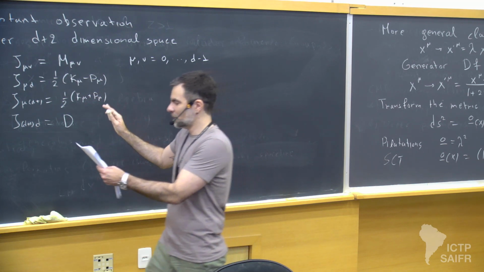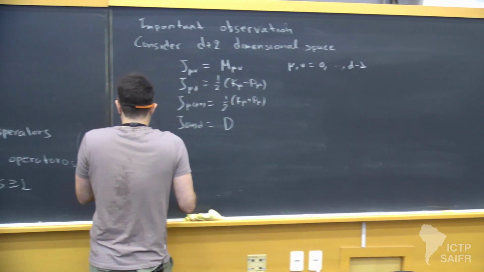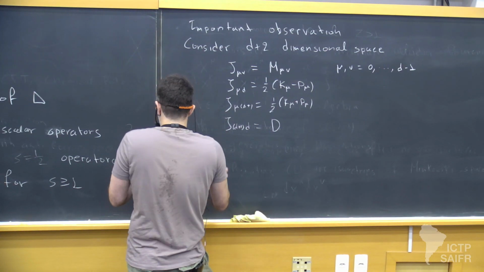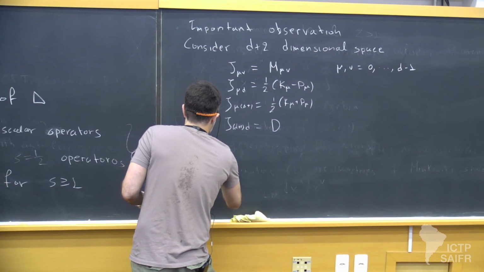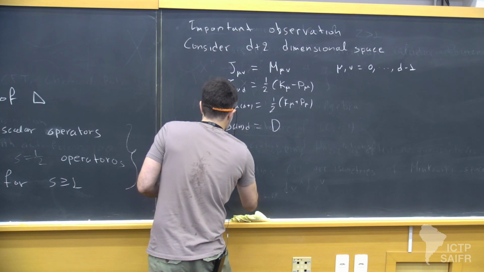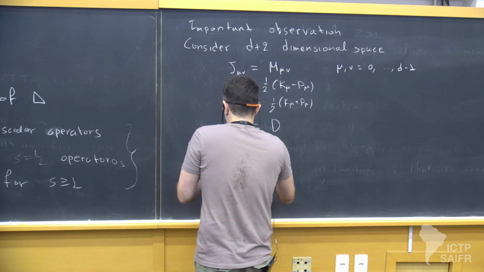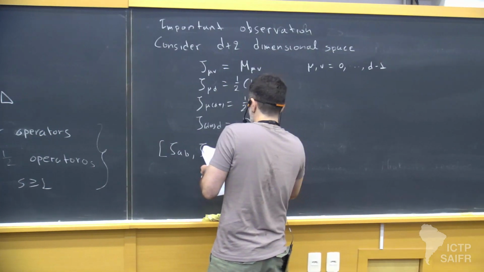Now, the nice thing about this object is that if you compute the commutators in D plus 2 dimensions, what you find is something very interesting.